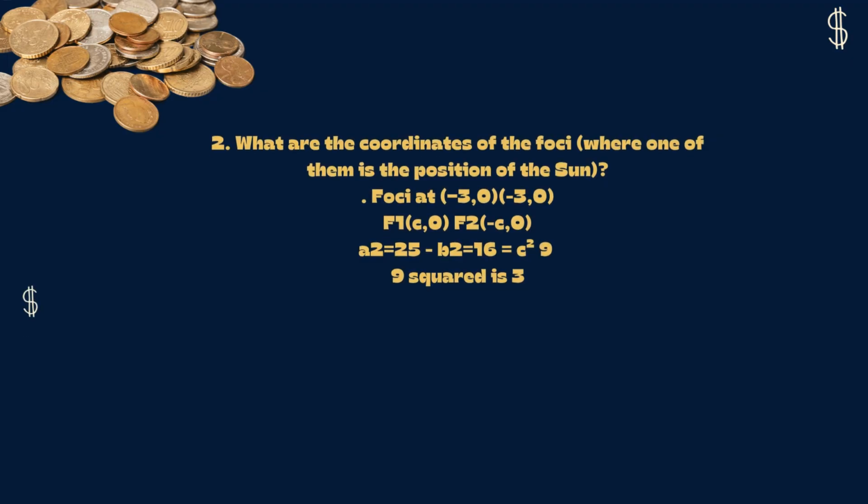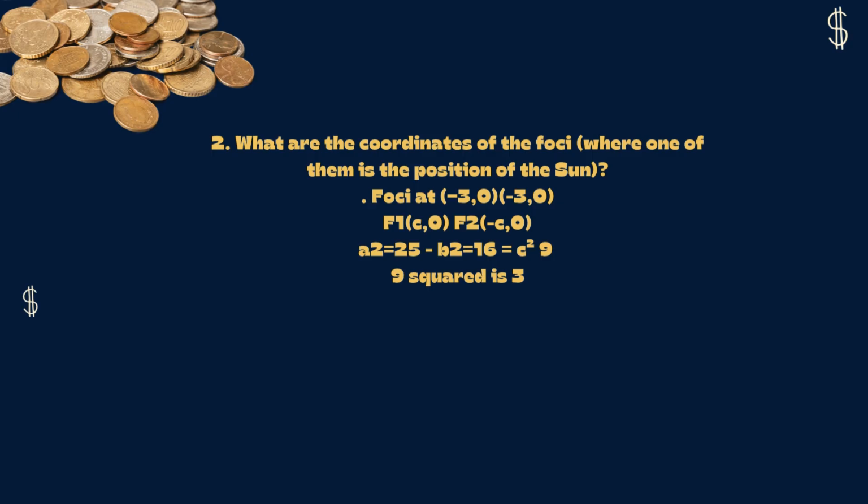Okay, next. What are the coordinates of the foci, where one of them is the position of the sun? To get the foci, we have a simple and easy formula. A while ago we talked about how to get a squared, b squared, and their square roots.